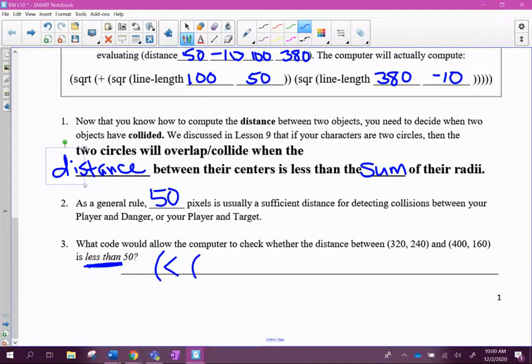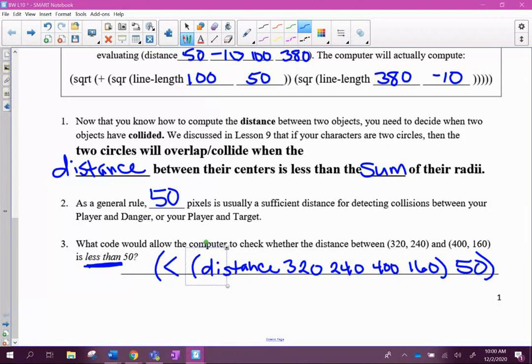So we need to figure out, is the distance between those two coordinates, 320, 240, 400, 160, less than 50? That's what we're trying to figure out.